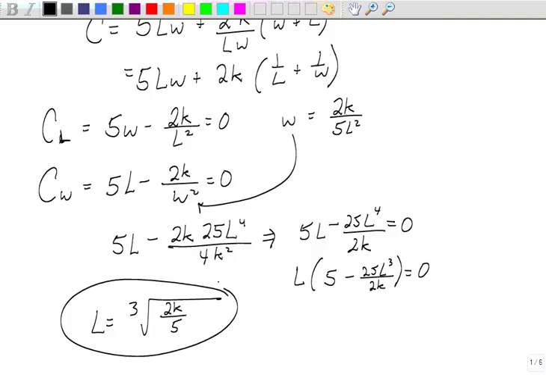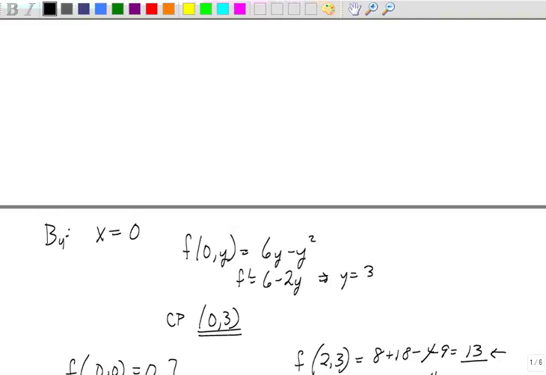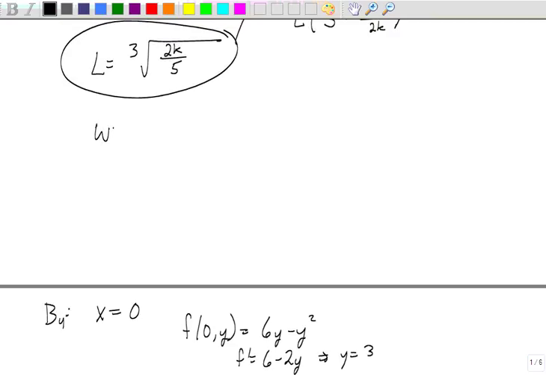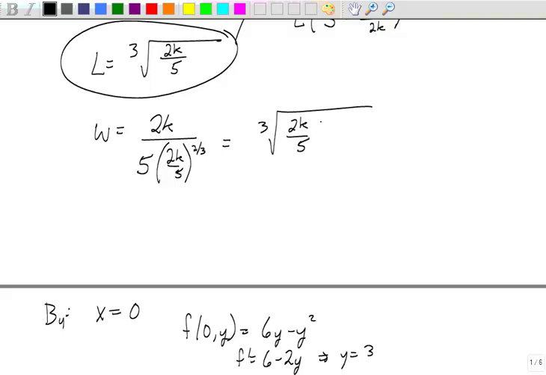And then we plug that back in here for W and do some work. We get W is 2K over 5 times 2K over 5 to the 2/3. When we simplify that, we get the cube root of 2K over 5. Well, L is equal to W.